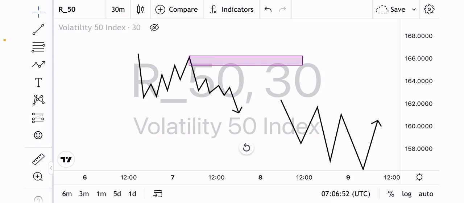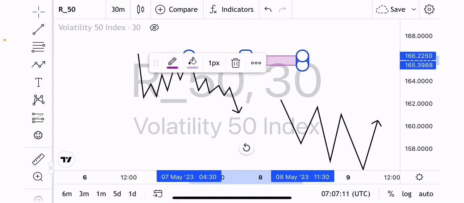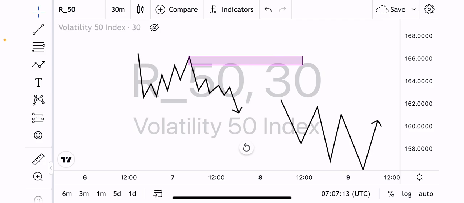That is what we classify as our sponsored candle. It simply means that is the candle that sponsored the move. So at this origin zone, we have our sponsored candle there.